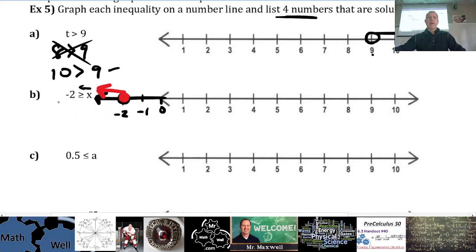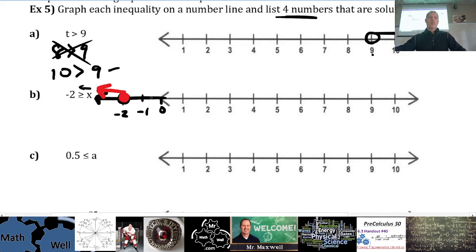If you read it the other way, that -2 is greater than or equal to all of the values of x, then still you have to show on the number line that everything to the left of -2 are the answers. So whichever way you look at that, doesn't really matter. Like I say, I always read from the variable. Okay? Now, what we haven't done here is list all 4 numbers, so let's do that.